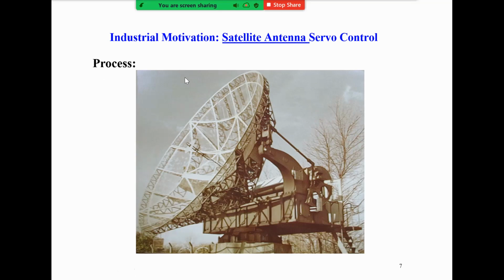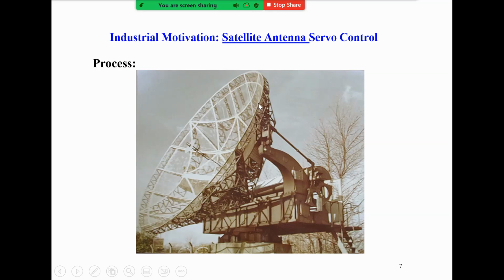I give you, so we are going to use our industrial example to show you how to design it. In this industrial example, it is about the satellite antenna. I think many of you probably noticed this. In many of the places you saw this, you need to know, okay, that is the antenna which can move, it moves.